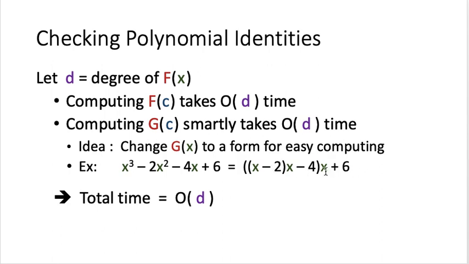So in the end, each of these brackets or each of these terms can be done in constant time. So they are all together d operations. So altogether, order d time to compute g of c. So computing f of c takes d time, computing g of c takes d time, so the overall time is order d. So it is faster than our method 1.